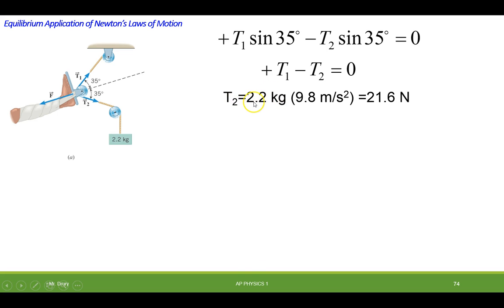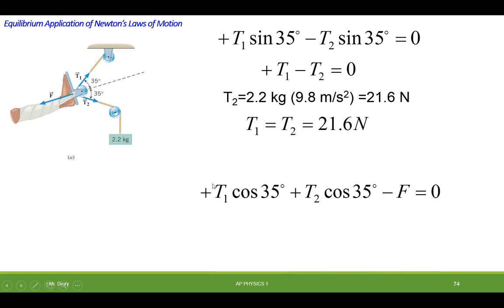So T2 is just equal to 2 kilograms times 9.8, or 21.6 newtons. So that means that T1 is equal to T2, which is equal to 21.6 newtons. Now to find out what's happening with F, we have to use the x equation because F is only in the x equation.